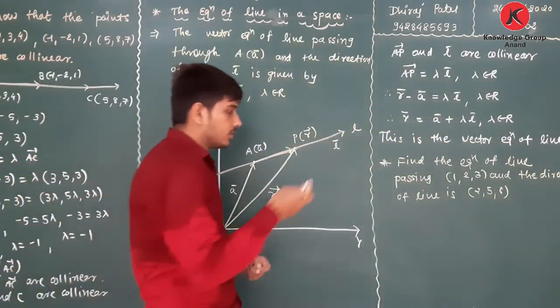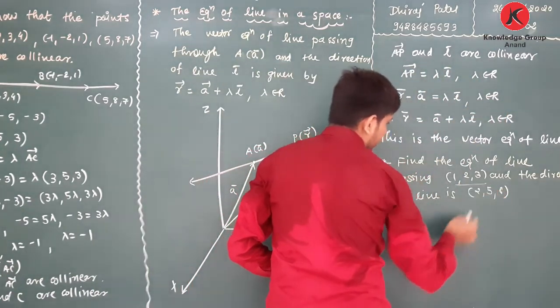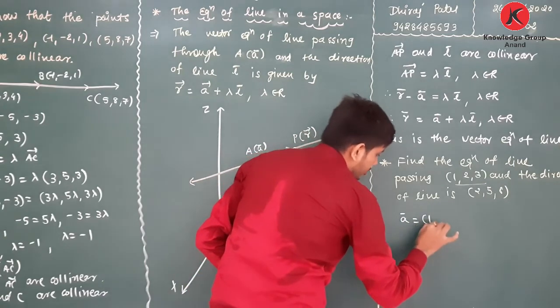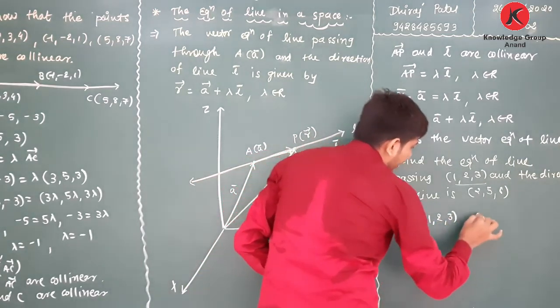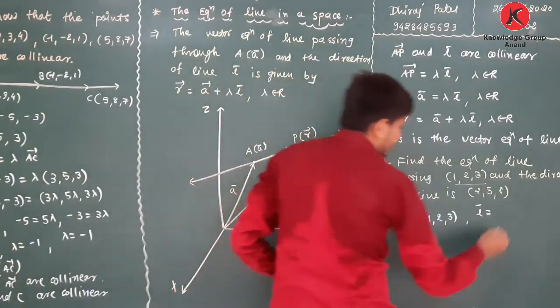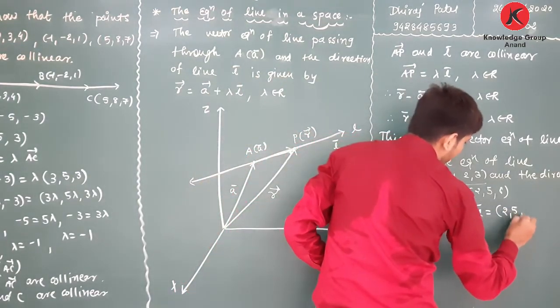So first of all, it is given that the line is passing through the point A bar, which equals 1, 2, 3, and the direction of line, which is denoted as L bar, is given here 2, 5, 8.